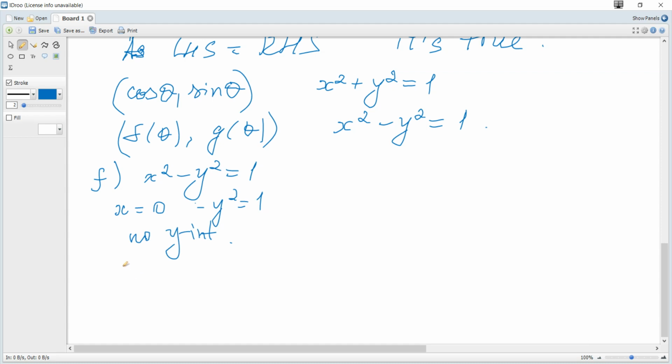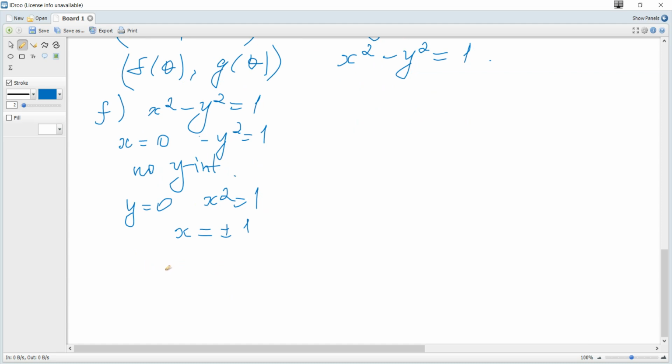And if we consider y is 0, we get x squared is 1, so x is plus minus 1 are x intercepts, so negative 1, 0 and 1, 0 are x intercepts.